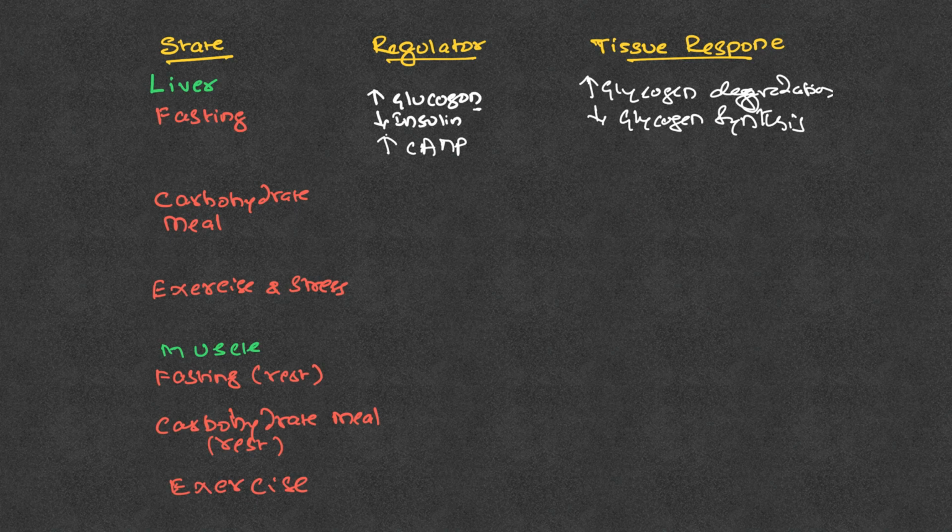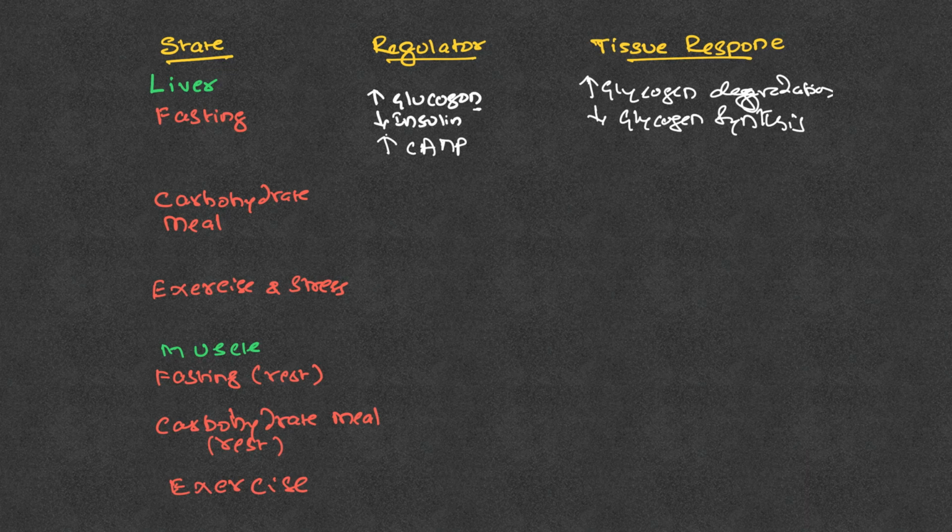Cyclic AMP protein kinase A is going to phosphorylate the enzyme glycogen synthase, and glycogen synthase is inactive whenever it is phosphorylated, whereas protein kinase A also phosphorylates glycogen phosphorylase, and the phosphorylated form of glycogen phosphorylase is active and degrades glycogen. That's what happens under fasting condition.